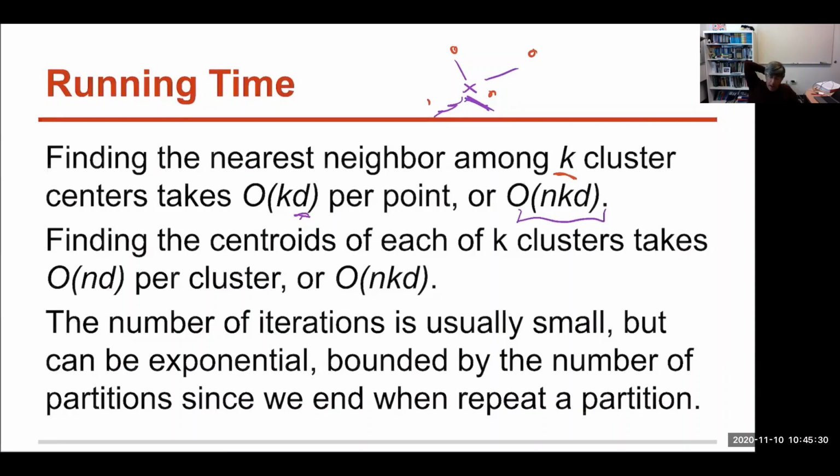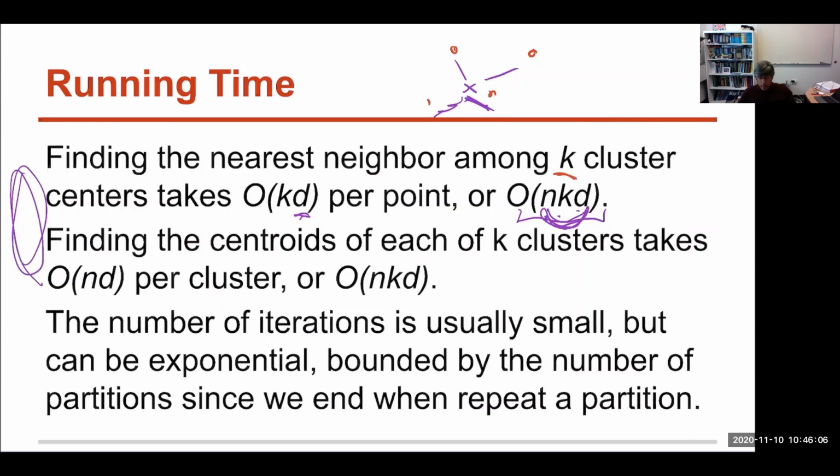Once I know what the labels are, finding the centroid of a cluster takes a similar amount of time. The claim here is that this is essentially n times k times d: n times d is the size of the input points, and k is the number of clusters. In general, we're going to repeat this many times until we converge.